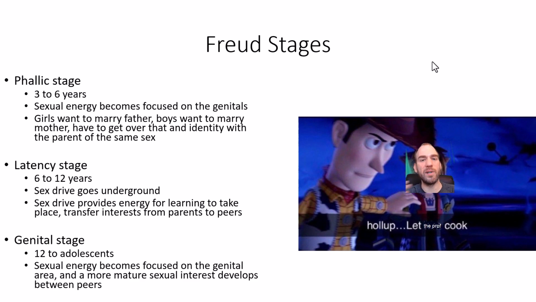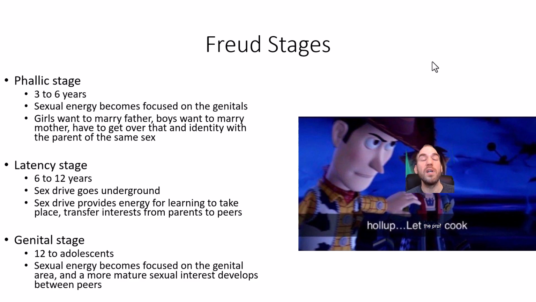And basically the argument, like all stage theorists, is that if you do not resolve all the challenges presented within a particular stage, then yes, you can theoretically move on to the next stage, but there are still going to be unresolved conflicts that manifest themselves behaviorally as an adult.